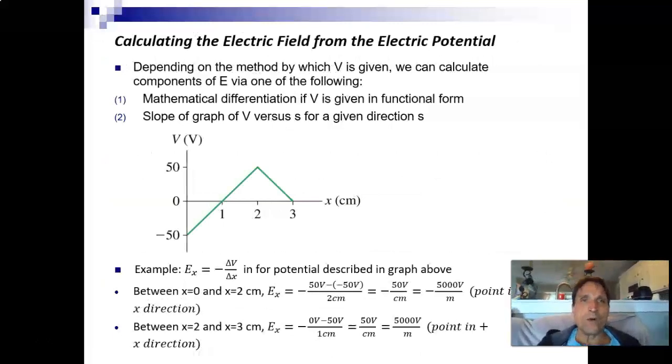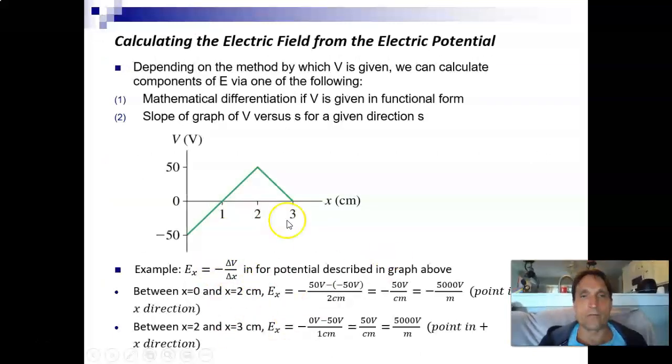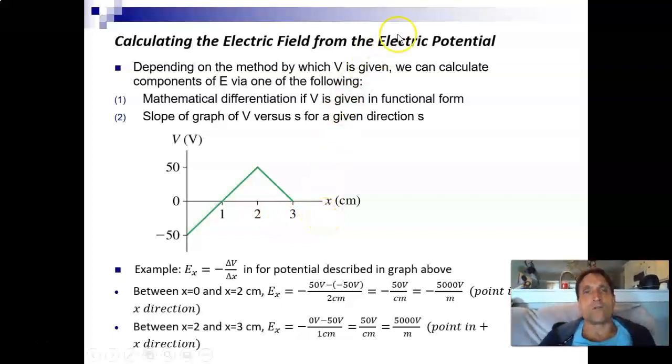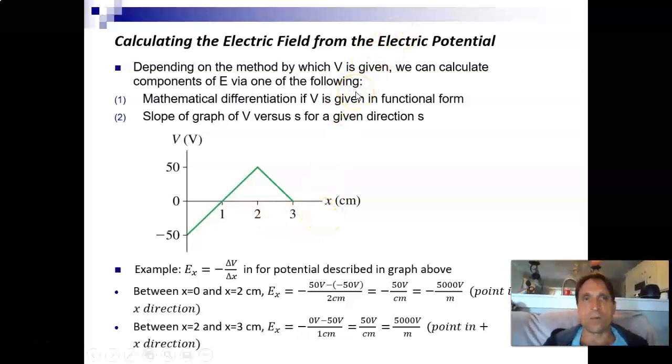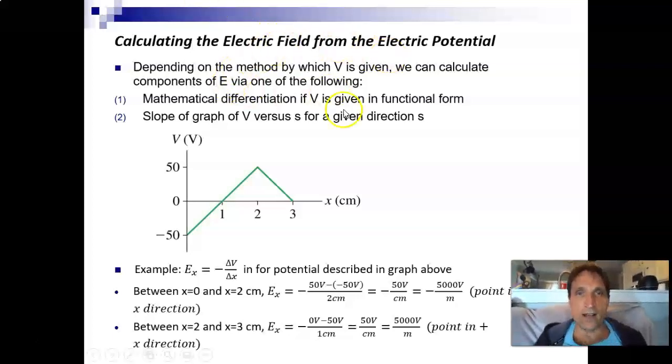So we went through in the last class, depending on whether V is given as a graph of V versus position, or a mathematical function, or in terms of equipotentials, there are different ways in which you can calculate the electric field. One example that we did in the last class is if you're given the functional form of V, we just take the mathematical derivative to get the electric field.